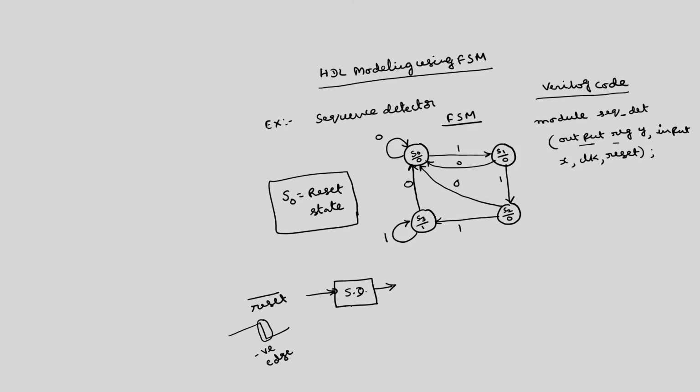So, this sequence detector automatically goes to the state S0. This is what is called the reset state. Whenever reset bar is 0, the state diagram will assume the state S0. That is why I am using another signal reset. I am assuming that clock is positive edge triggered and reset is negative edge triggered.